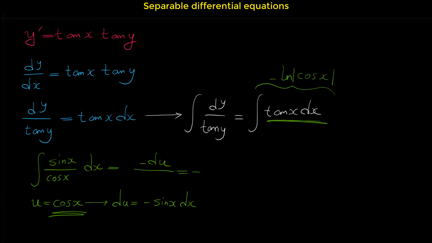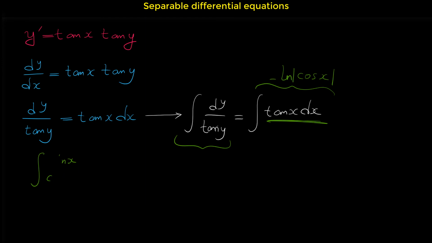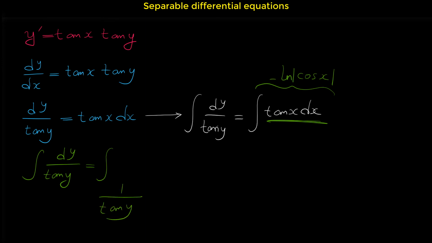But how can we find the other integral here? What is the integral of dy over tangent of y? For finding it, note that 1 over tangent is cotangent. So we can write it as cotangent of y dy. And cotangent is cosine over sine.